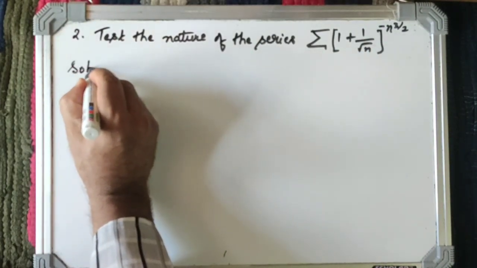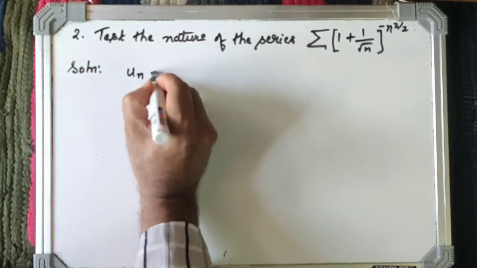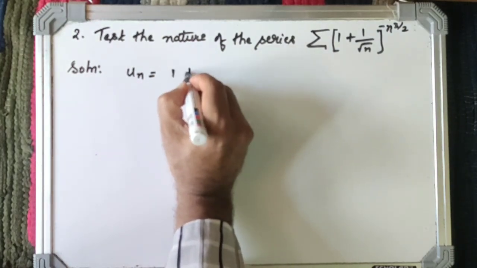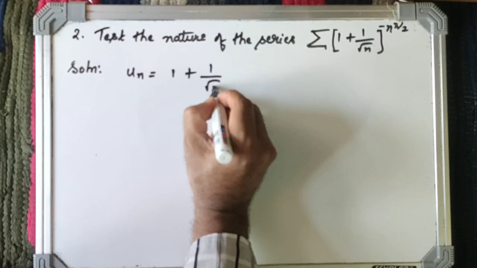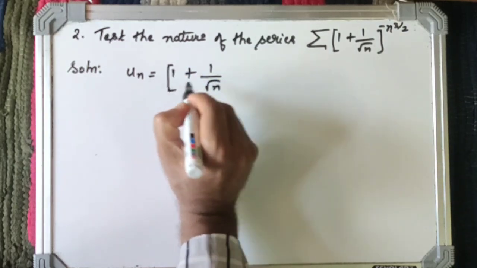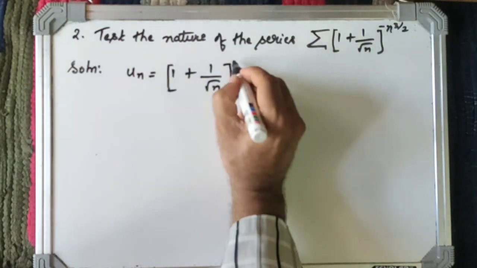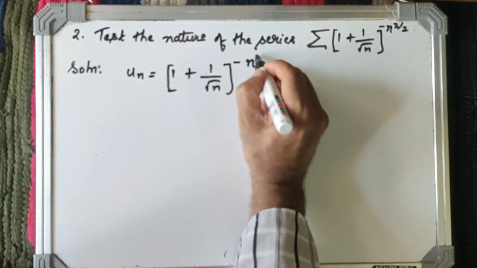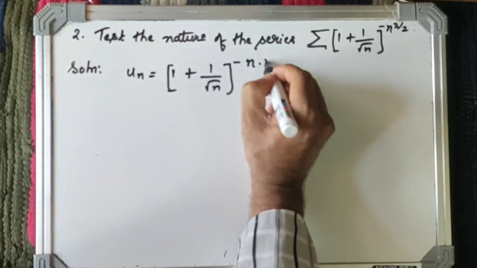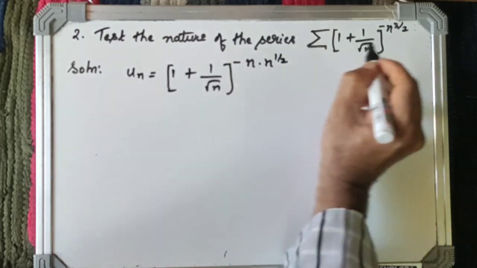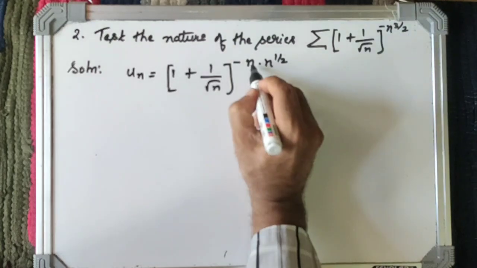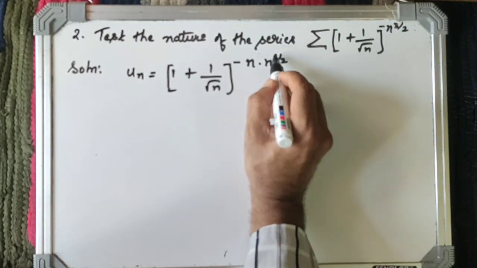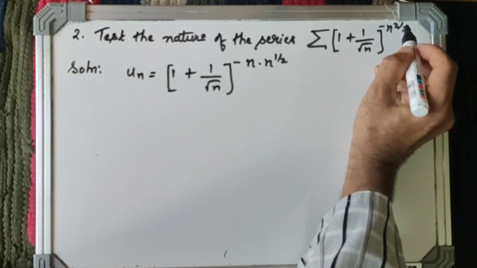Solution: un is equal to (1 plus 1 by root n) whole power minus n power 3 by 2. N power 3 by 2 can be written as n into n power half, since 1 plus half will be 3 by 2.